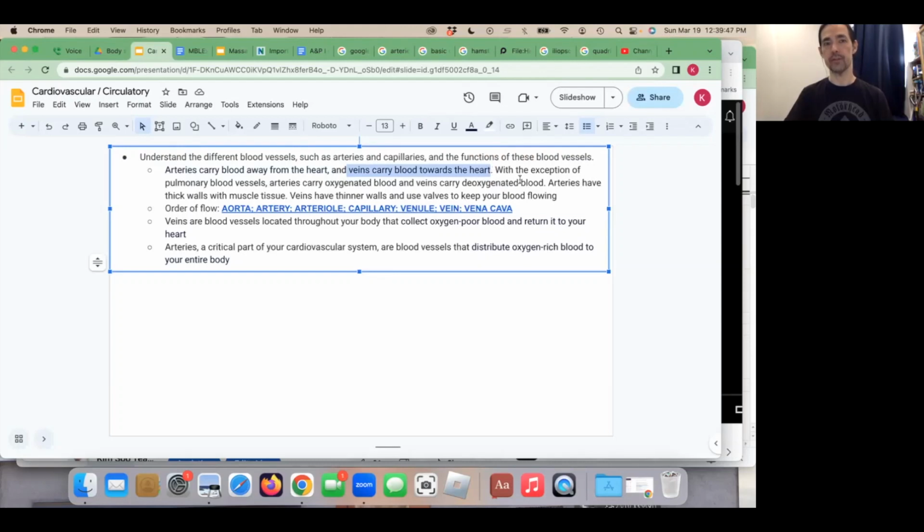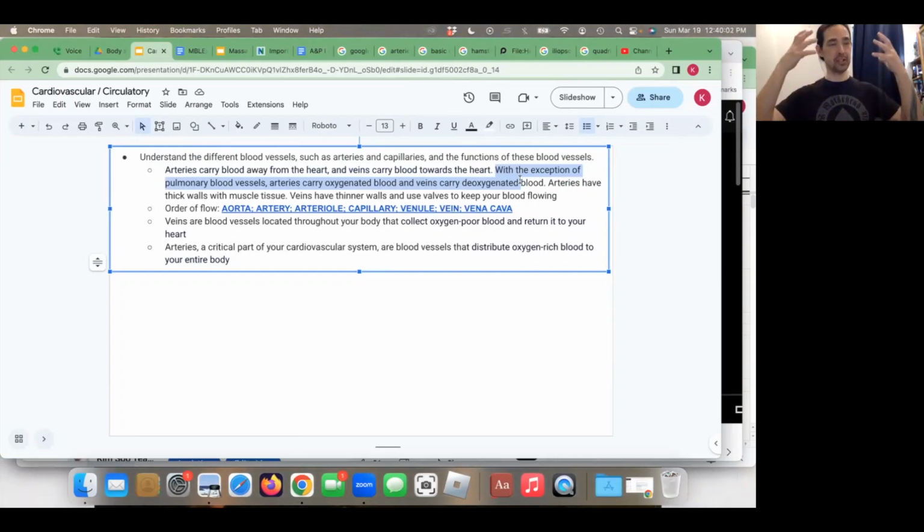With the exception of the pulmonary blood vessels, arteries carry oxygenated blood to the whole body, and veins carry deoxygenated blood. With the lungs, it's the other way around.